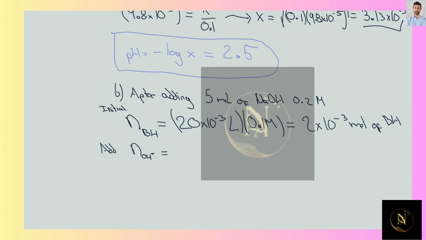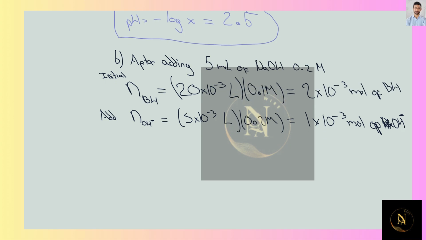If we added 5 milliliters, this is 5 times 10 to the minus 3 liters, times the concentration of NaOH, that is going to be 0.2 molar. This is going to give us 1 times 10 to the minus 3 mole of NaOH, or of OH minus directly, because this is a strong base, right?